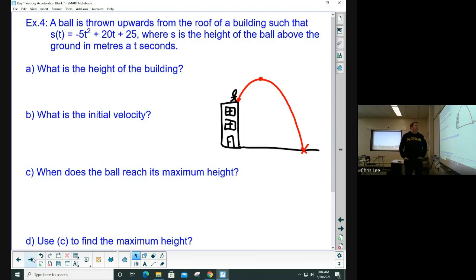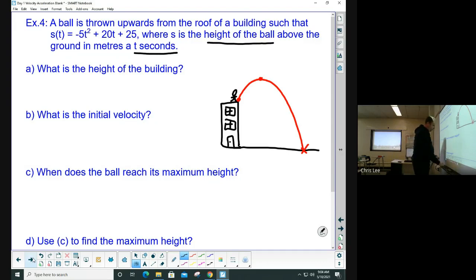So first, and this is also about getting comfortable with which formula I need to use, and making sure we all understand what each formula does. In this case, a ball is thrown upward from the roof of a building such that the description of the distance, okay, so this is the height of the ball above ground in meters, at t seconds.